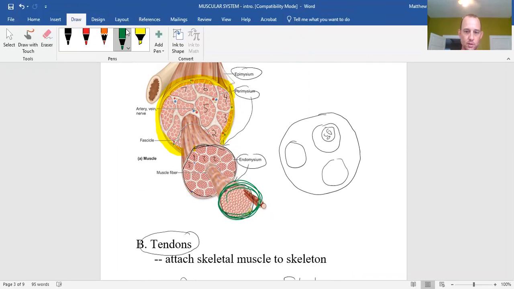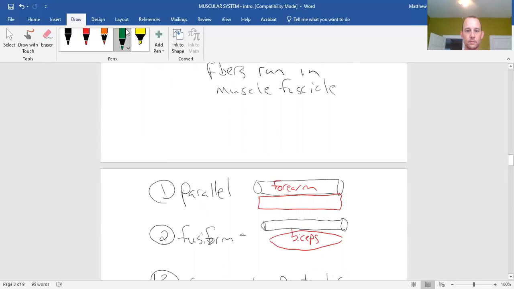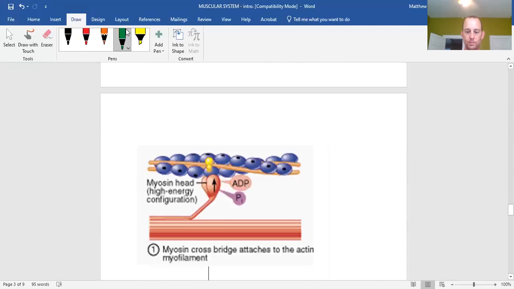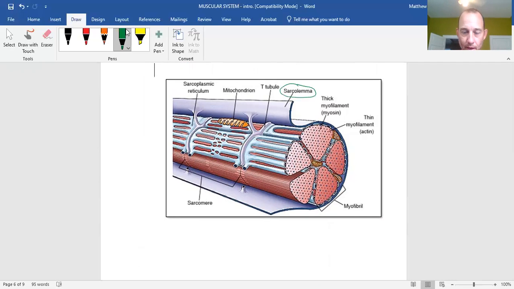Remember, it's circles upon circles, and we're going to zoom in on a skeletal muscle fiber. What they've peeled away is something called the sarcolemma. That is a fancy word for your cell membrane. All cells have a cell membrane. Remember that phospholipid bilayer? For a muscle, it's called a sarcolemma.